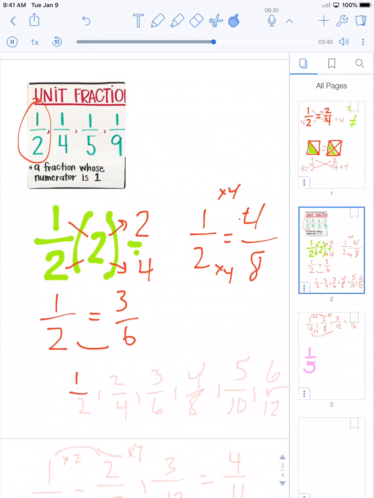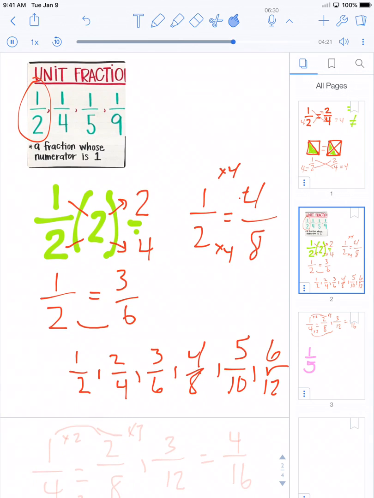It's 1/2, 2/4, 3/6, 4/8, 5/10, 6/12, and so on. You can see the pattern. The numerator just goes up by 1. The denominator goes up by 2 in this case. It would be different for each case. If the denominator was 4, it's going to go up by 4 each time.